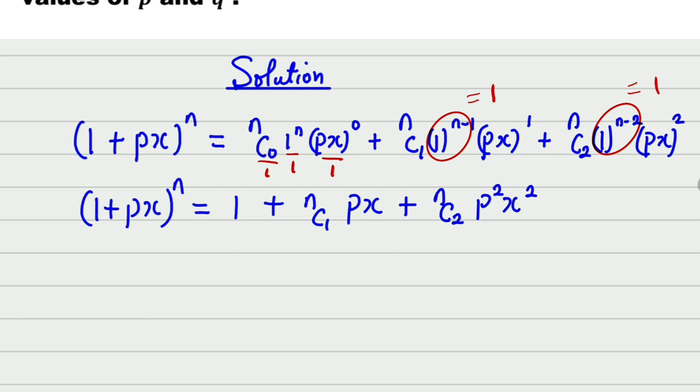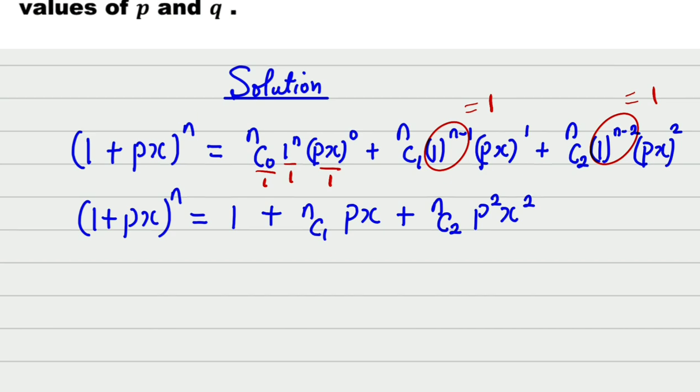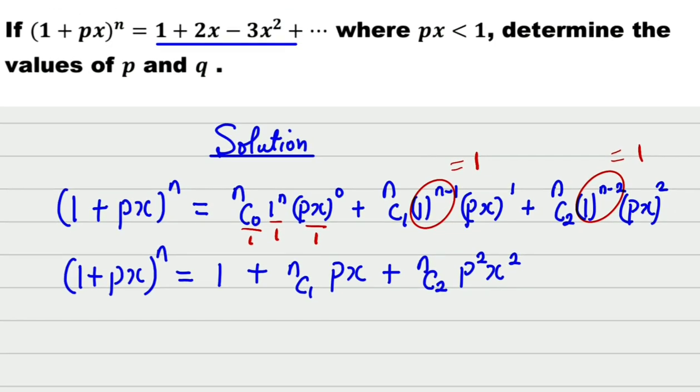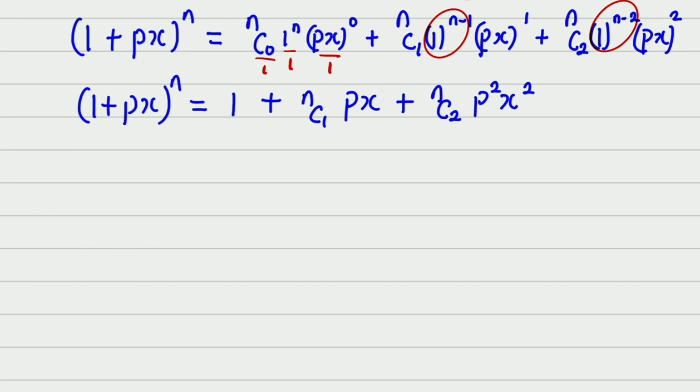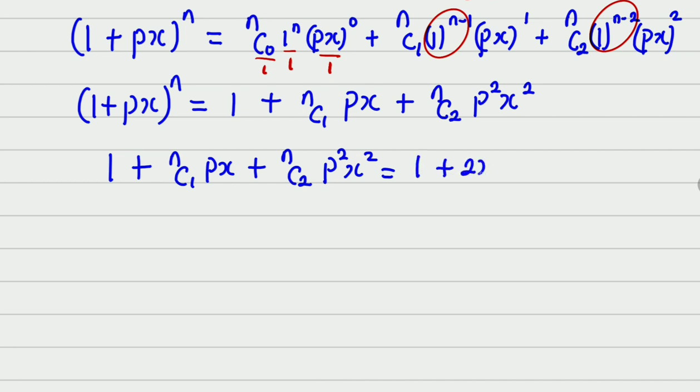Remember, the first three terms is the same thing as 1 + 2x - 3x². So 1 + n combination 1 px, plus n combination 2 p²x², is the same thing as 1 + 2x - 3x².